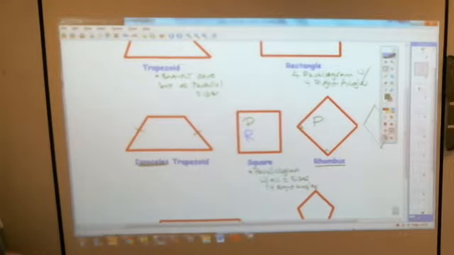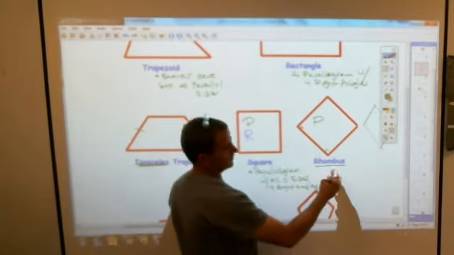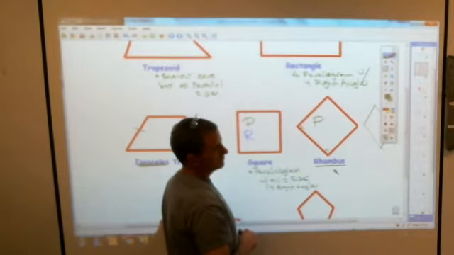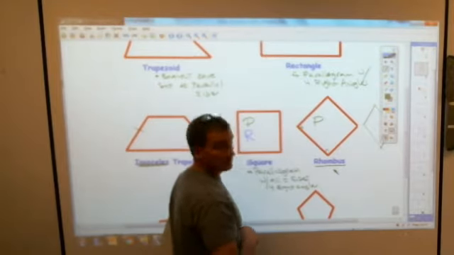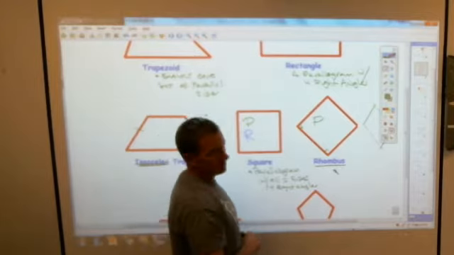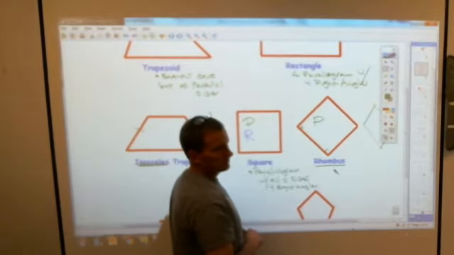All squares are rectangles, but not all rectangles are squares. You get that? And a rhombus, what's its definition? Anybody? What's the only thing something has to have to be a rhombus? I'm not sure you can draw just 2 right angles. I think if you draw 2 right angles, you have to have 4 right angles.